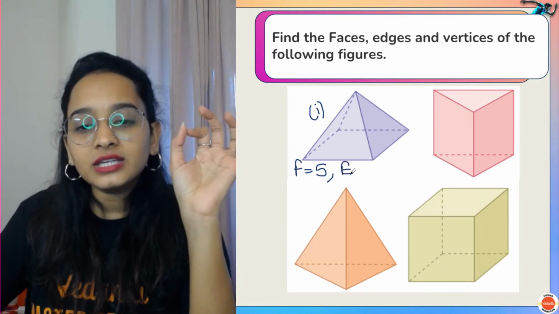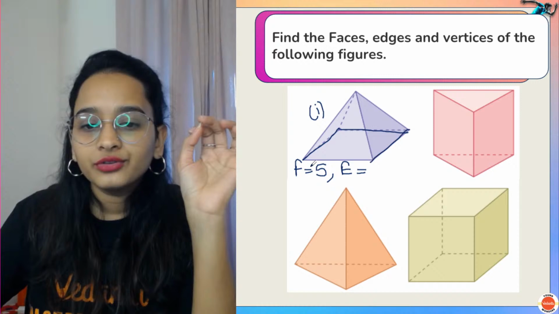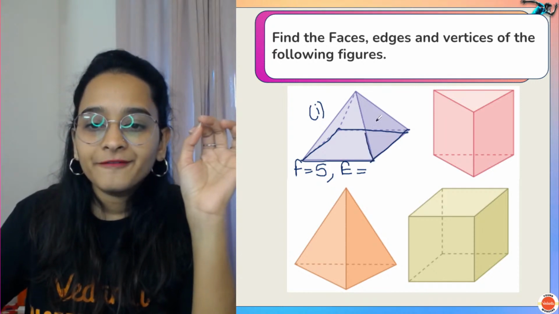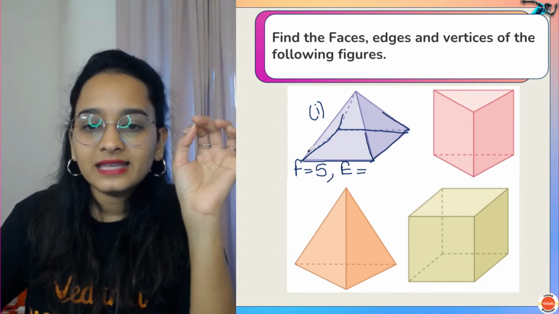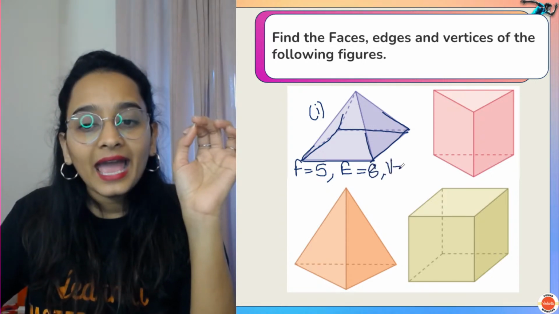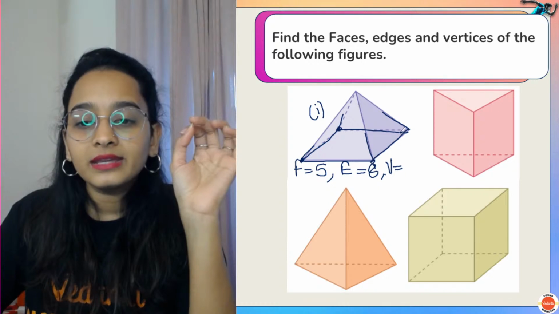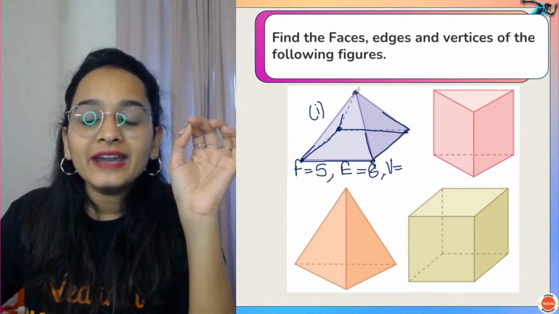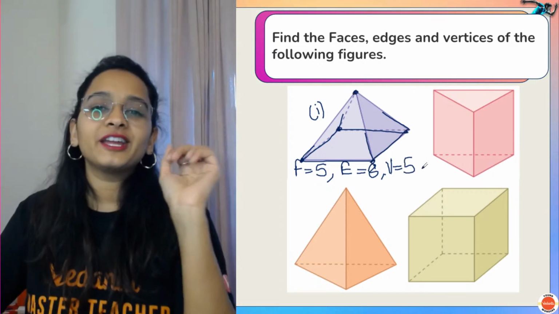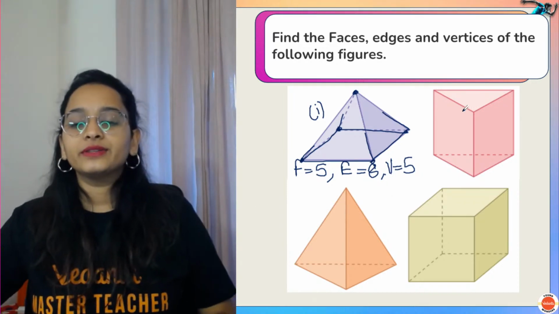How many edges? Edges are the lines. 1, 2, 3, 4, 5, 6, 7, 8. So totally there are 8 edges. And how many vertices? 1, 2, 3, 4 and 5. 5 vertices. Awesome.